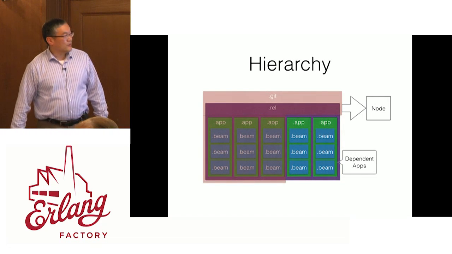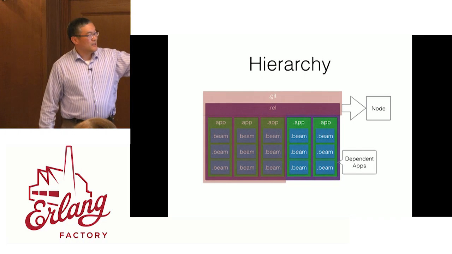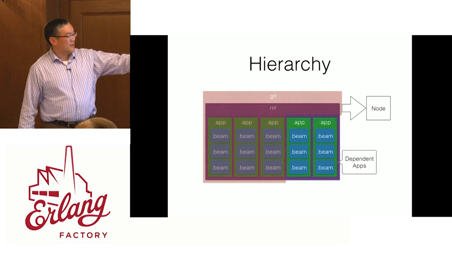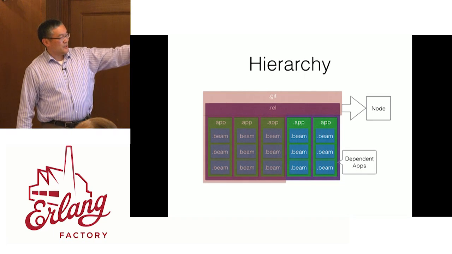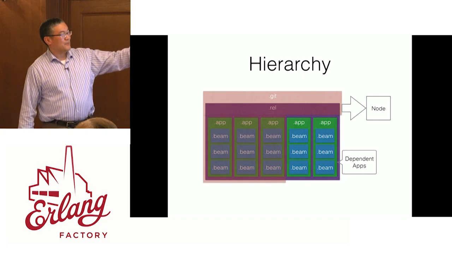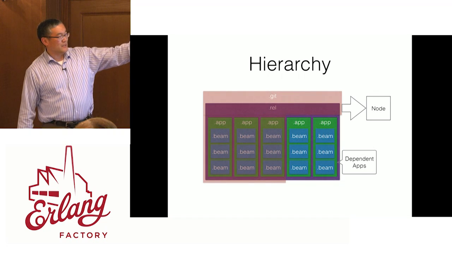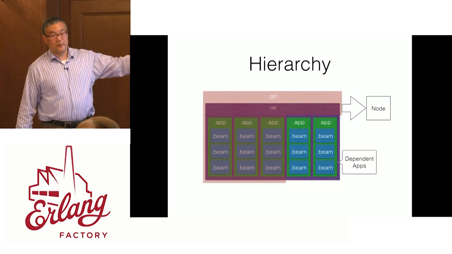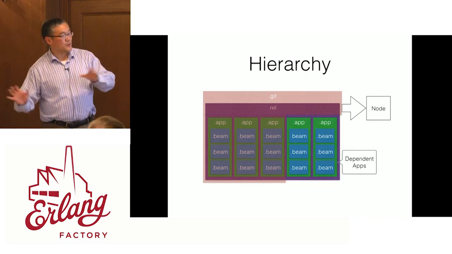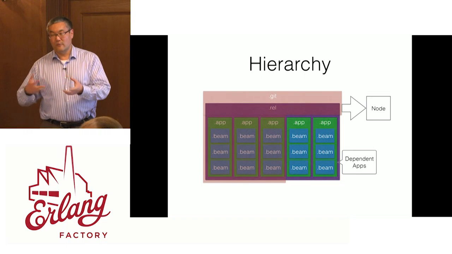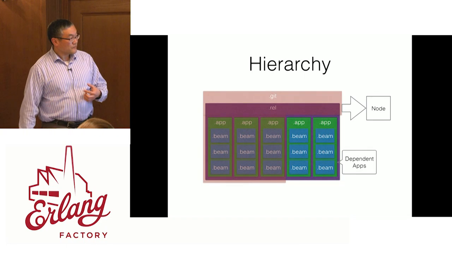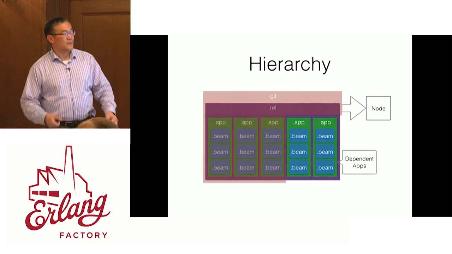But just looking back at what the complete hierarchy is, what we've got is the .beam files, or basically the source code, bundled into applications. The applications are then organized into a release. Some of the applications might be part of the same repository, or they might be dependent applications drawn in as dependencies from other repositories, like something like Logger, something that's shared.